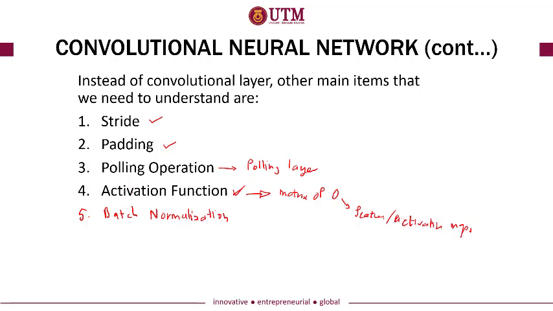And then batch normalization. Batch normalization is something that will happen at the convolutional layer as well, but not for other layers.